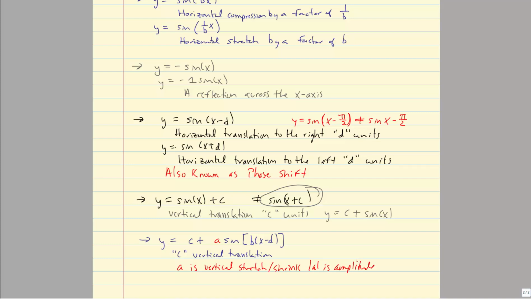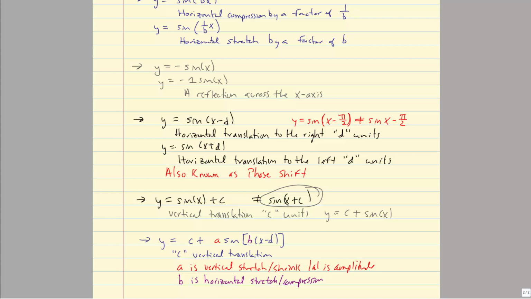And then this value of b that we have right here, b is going to be the horizontal stretch or compression, and it's inside the argument of the trig function, so that's why we have horizontal. Remember, it's always opposite of what you would think it would be.